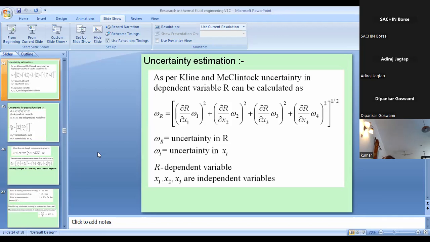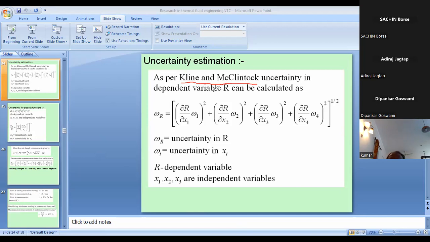Now we'll see the uncertainty calculation. Please understand uncertainty calculation. You'll find in the reference that this uncertainty analysis calculation was given by scientists called Kline and McClintock.